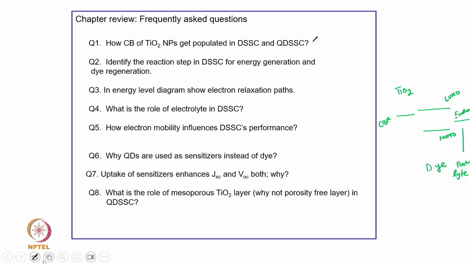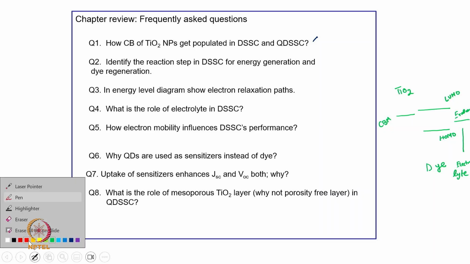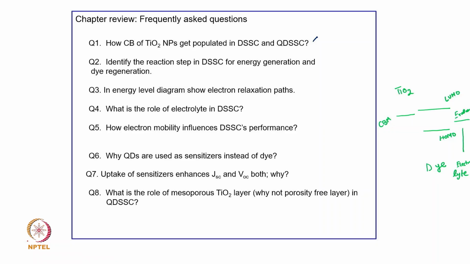Okay. So, let us just look at the relaxation path here. Relaxation means recombination path. There are generation path and recombination path. So, recombination path is that when an electron falls back from LUMO to HOMO.